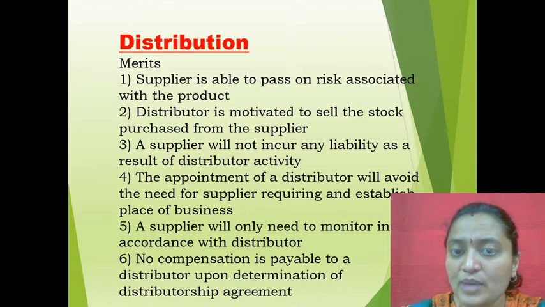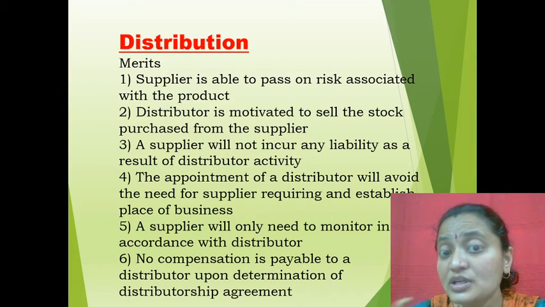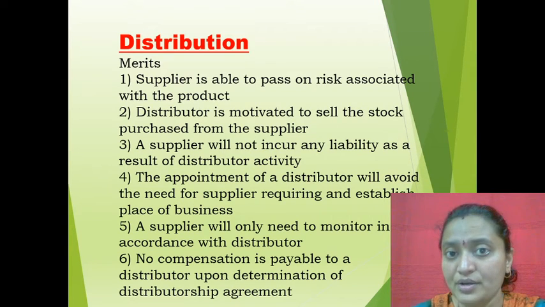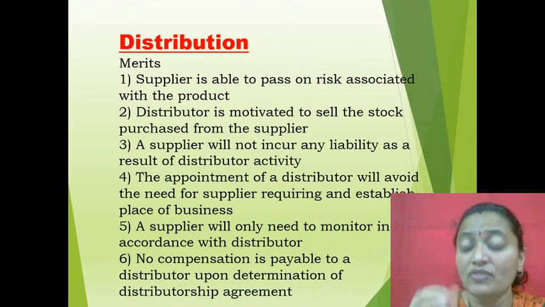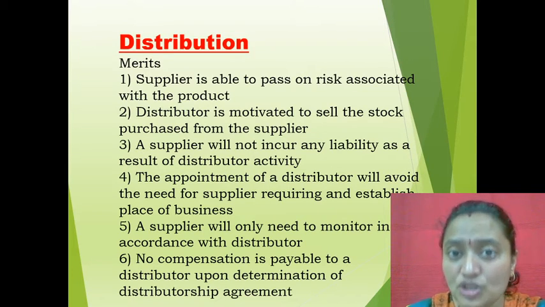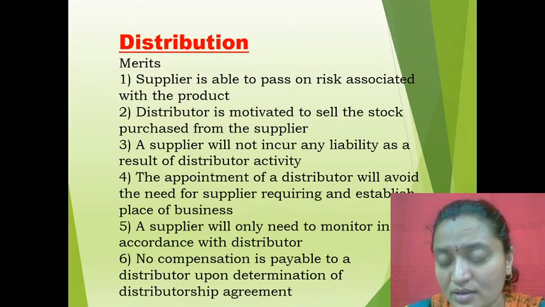Usually, when the distributor is distributing the goods, he needs to properly monitor. Monitor means he needs to check whether the goods are in proper condition or not. Suppose we take the example of books.